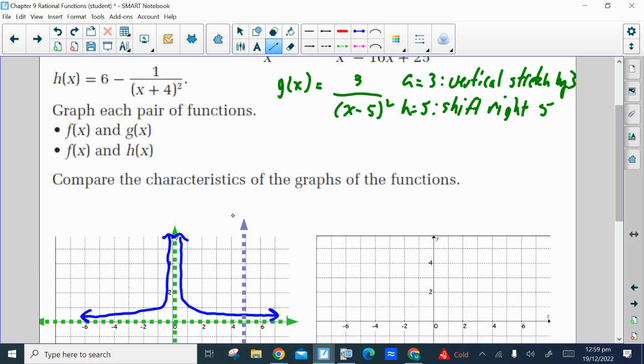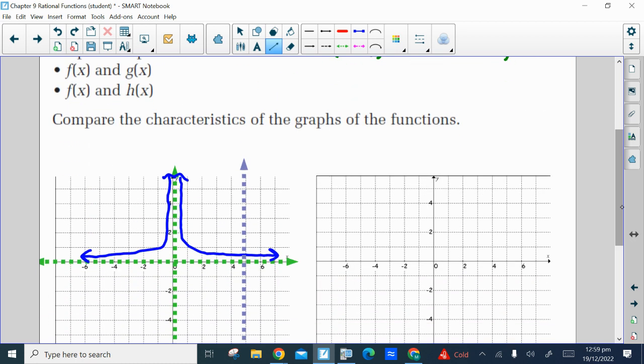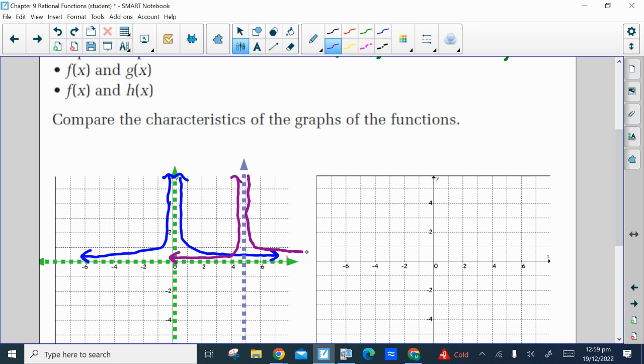So all it'll do is make it get steeper a little faster. So it's going to look something like that.